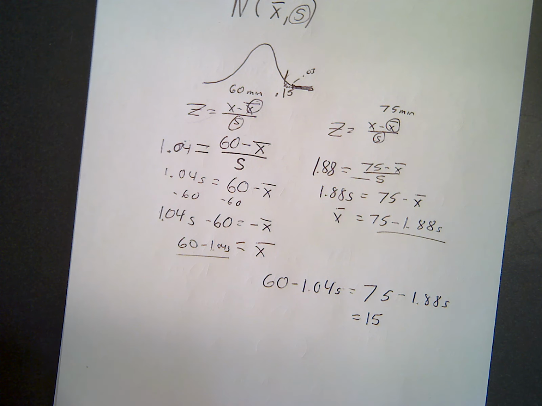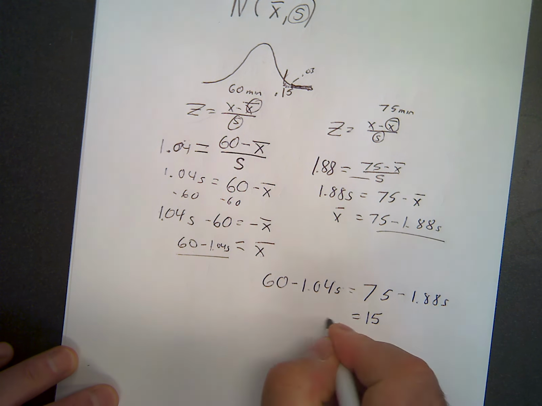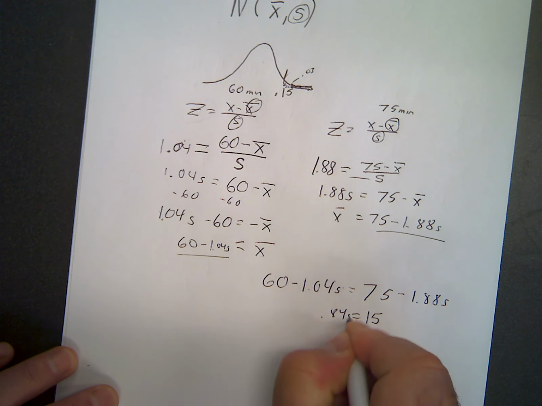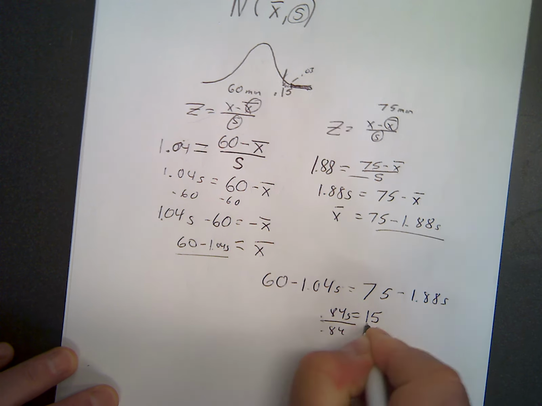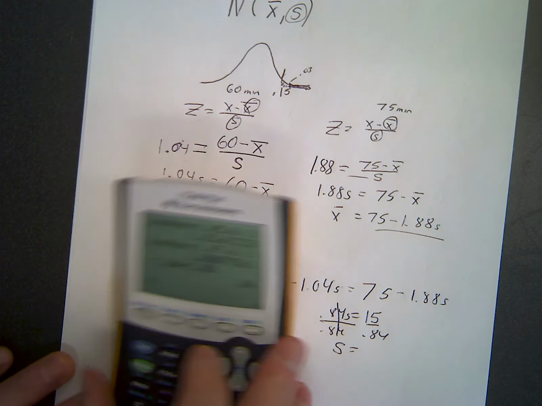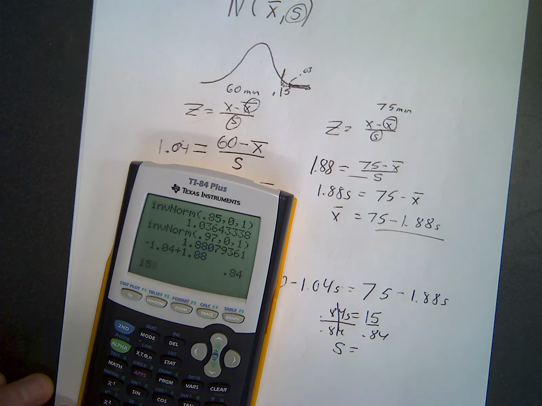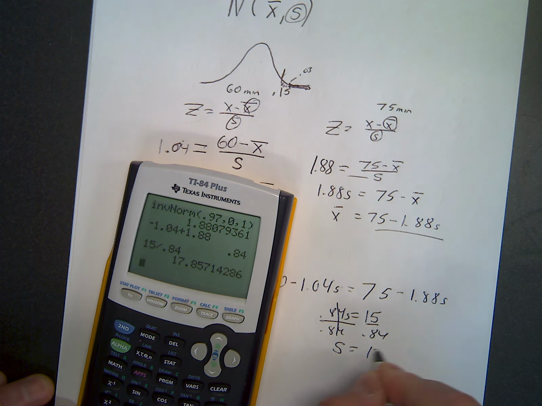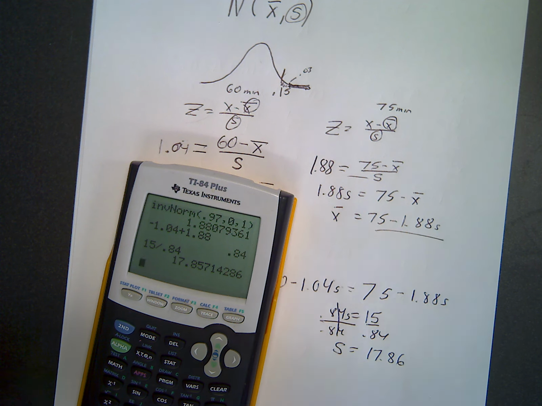So I get negative 1.04 plus 1.88, I get 0.84 s. Divide by 0.84. And I'm going to need to check my answer here in a second. I hope I did it right. I feel good about stuff unless I made a little mistake. 15 divided by 0.84 equals, and I get 17.86 as my standard deviation.